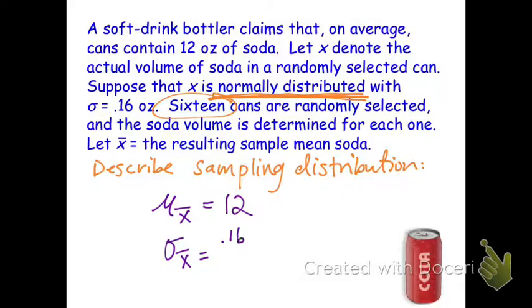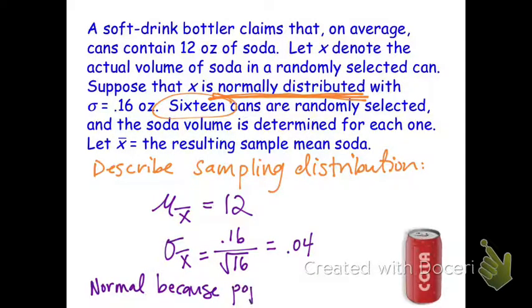So 0.16 divided by the square root of 16, so 0.16 divided by 4, which is 0.04. And then we say normal because the population is normal. It's going to say normally distributed, but just normal is fine, because it's given that the population is normal.